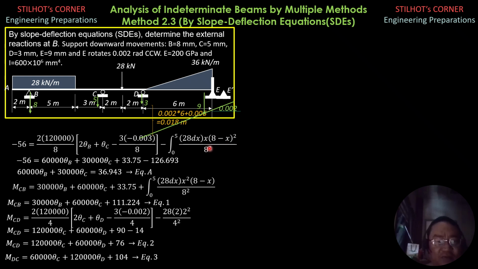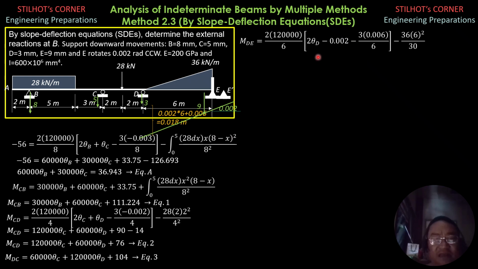is 2 times 120,000 over 6, quantity 2 theta D plus theta E, slope, which is negative because it's counterclockwise, sign convention, remember. Theta E, negative 0.002.